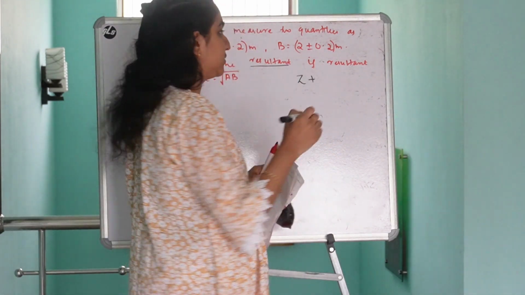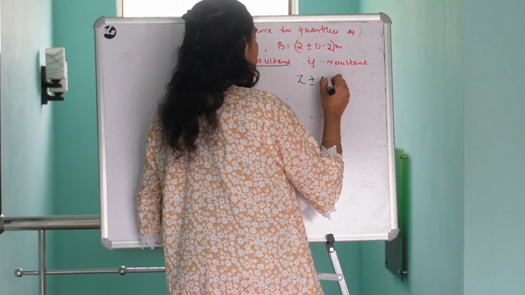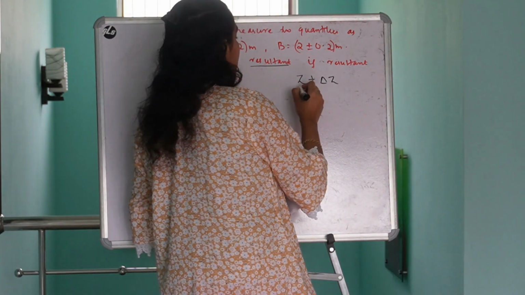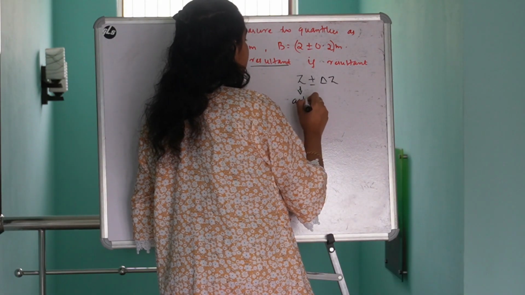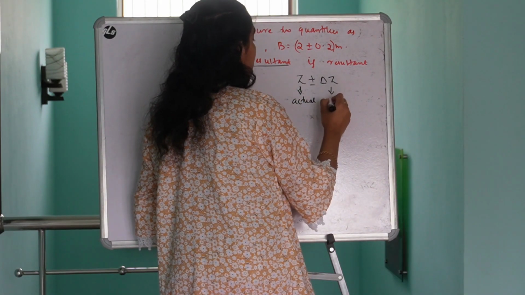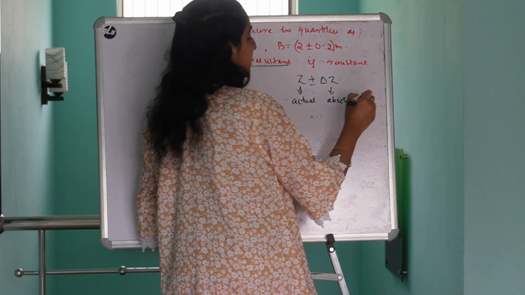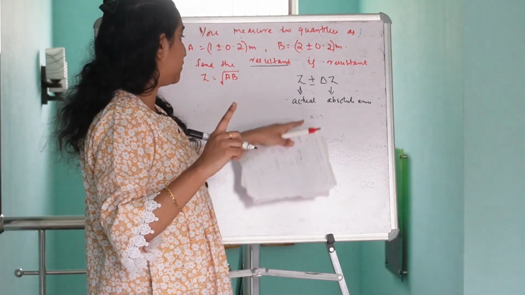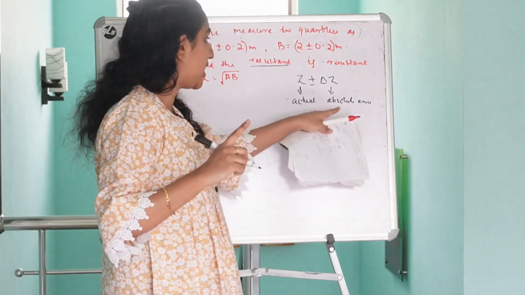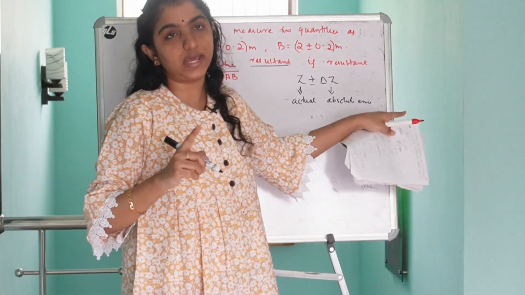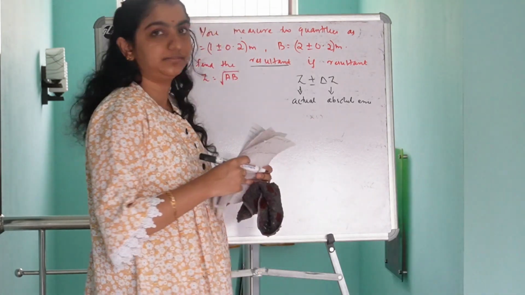The first one is the actual value, and the second one is the absolute error. Is it clear, guys? So in this question you have to find the actual value as well as the absolute error in the resultant.